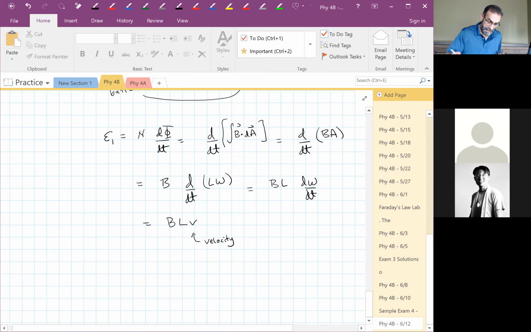And you do the exact same thing for the other battery. This one ends up being 4 millivolts, and the other one is 2 millivolts.